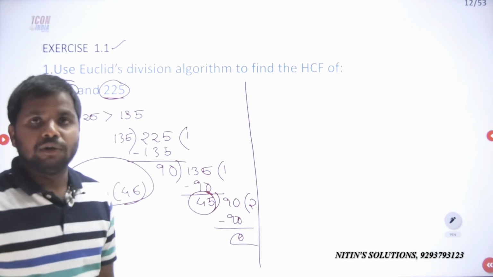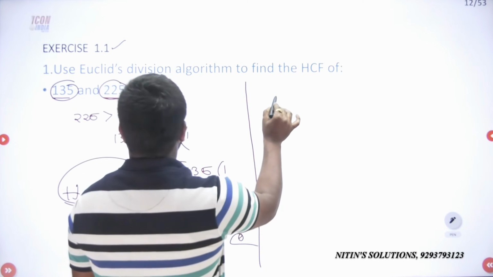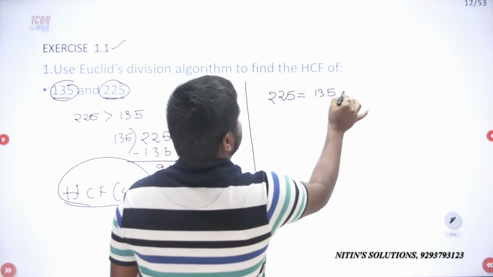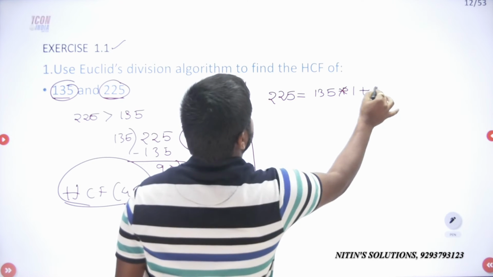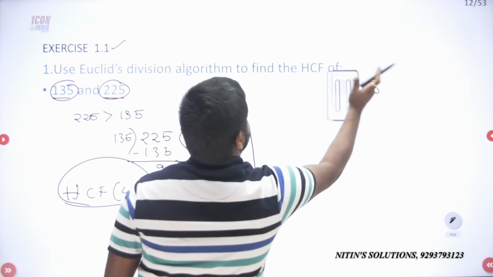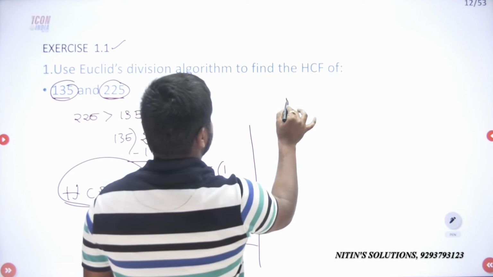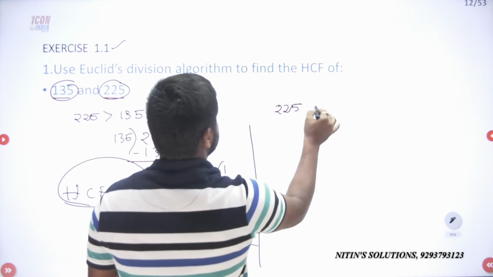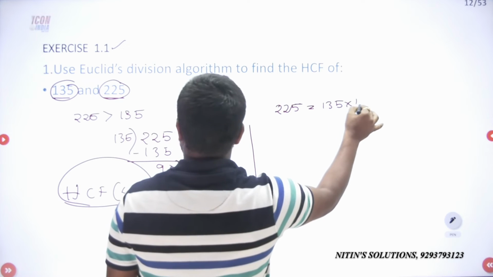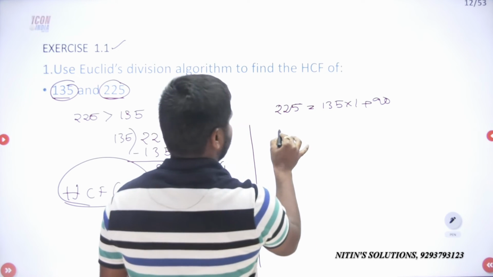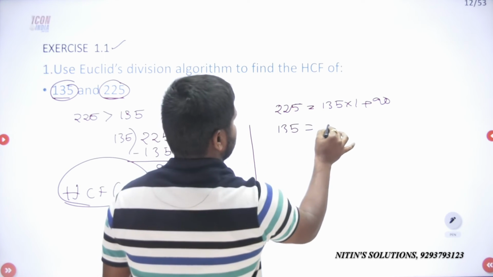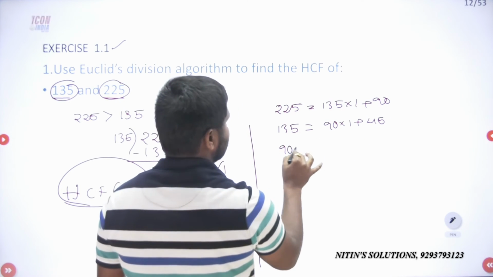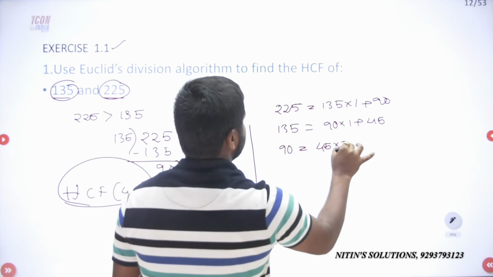Now when you write the numbers in Euclid division algorithm, how can we write? 225 is equal to 135 into 1 plus 90, and 135 can be written as 90 into 1 plus 45, and 90 can be written as 45 into 2 plus 0.